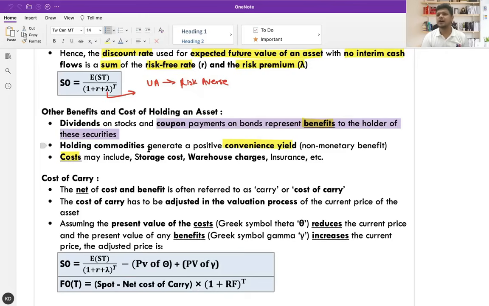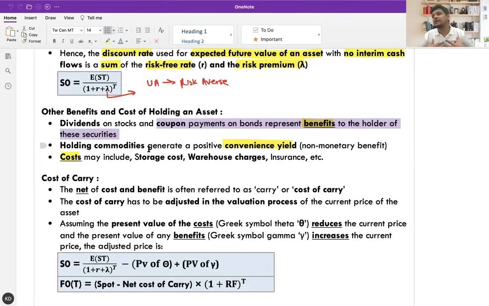No. You will not get this benefit. So therefore, this is adjusted in the futures price. Otherwise, there will be a difference between futures and spot. So this benefit and cost is adjusted from the futures price that we are trying to predict.